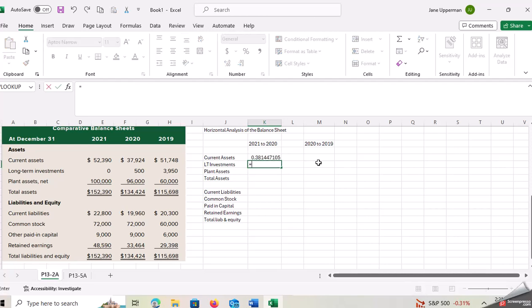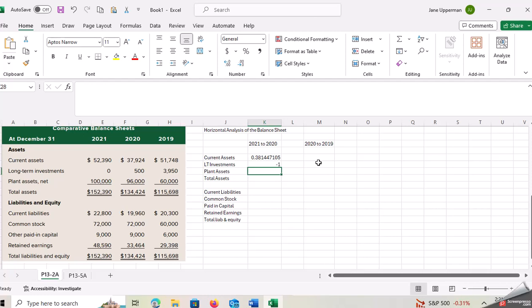Then our long-term investments are 0 minus 500 divided by 500, which should be a negative. We'll see what it ends up, but it's just a negative 100%. Yeah, okay, that's correct.